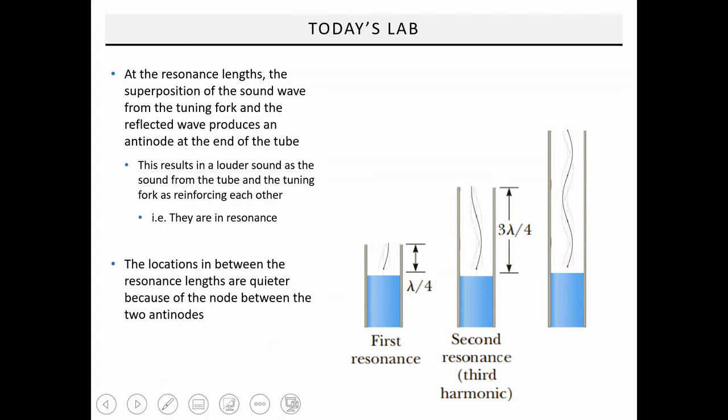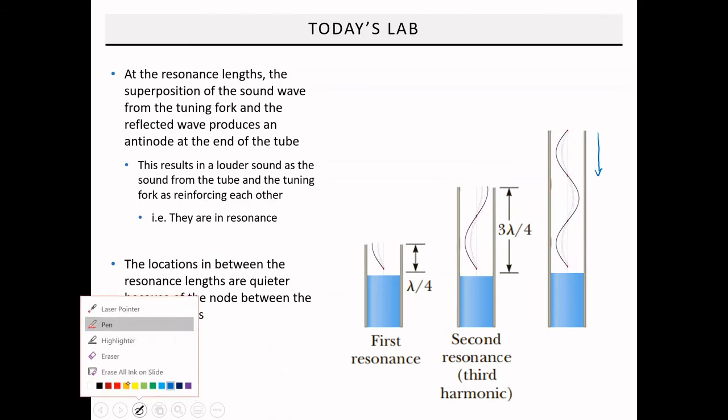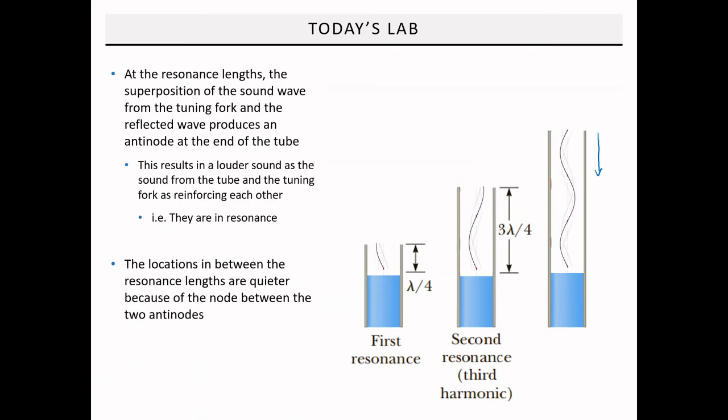You have a blue wave that's traveling down the tube. That blue wave reflects off the bottom, the water at the bottom of the tube. When it reflects off the bottom, we represent that reflected wave with the red wave traveling up the tube.